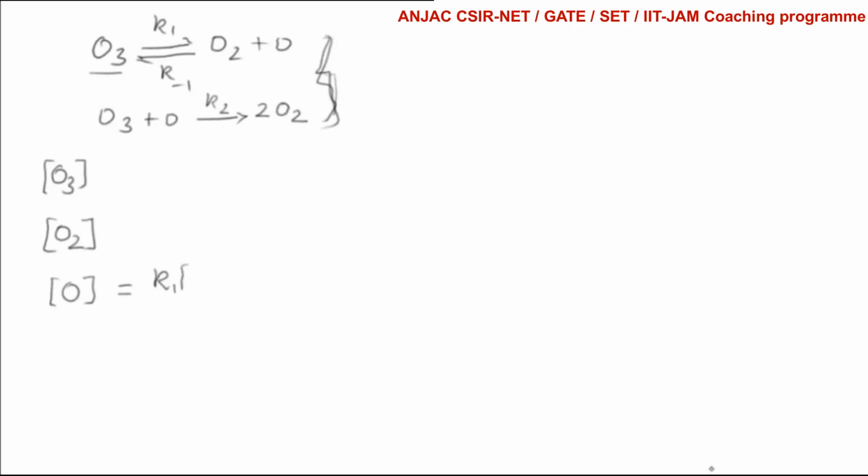Therefore, it is formed, so we put plus K1 into the concentration of O3. And this O is reduced due to the backward reaction.